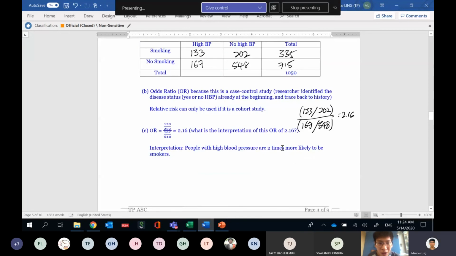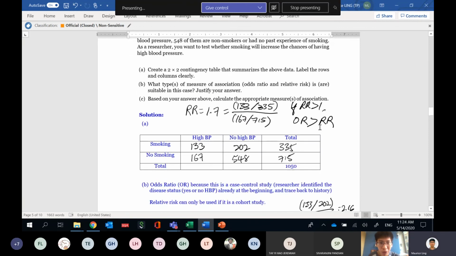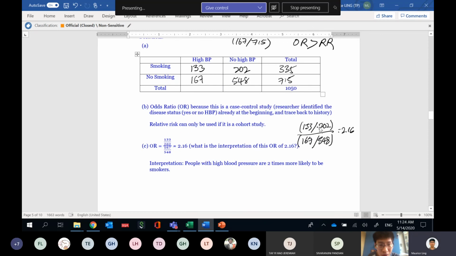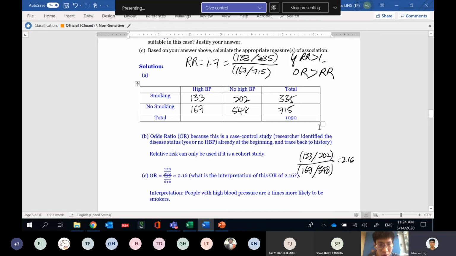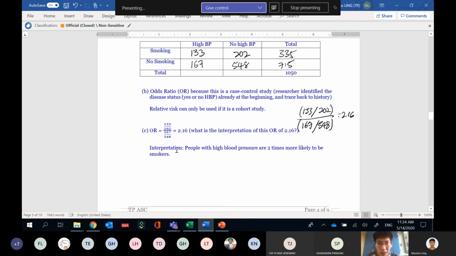Is it correct to say that whenever the question is phrased like, based on your answer above, calculate the appropriate measure of association, we must include the interpretation as well, or not necessary? Not necessary. If we want you to interpret, we'll ask you to explain the measurement. So that's a bit redundant, a bit extra. So you can just leave the answer up to here. That's fine, as long as they don't ask you directly to interpret.